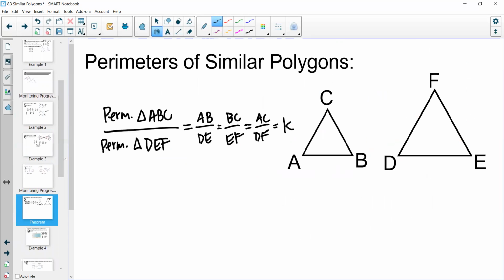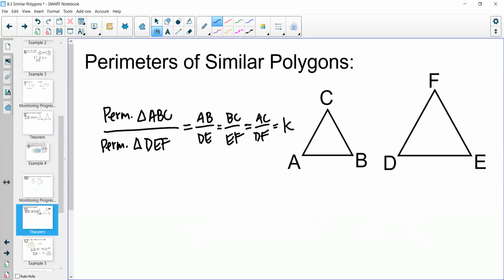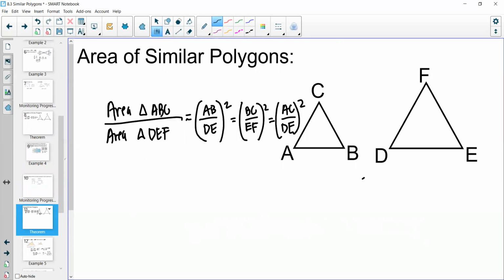Now, we also know that those corresponding sides, or that scale factor, are related to the perimeter and area. So the proportion of the perimeters is the same as the scale factor, or the proportion of the sides. However, unlike that, for the area of similar polygons, the proportion of the 2 areas is the same as the scale factor squared, or the proportions of the sides squared.